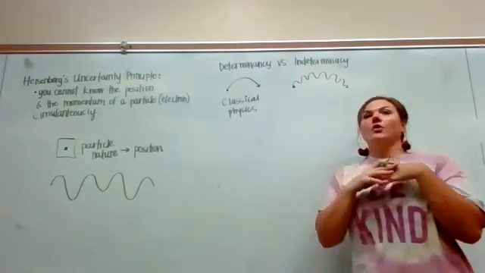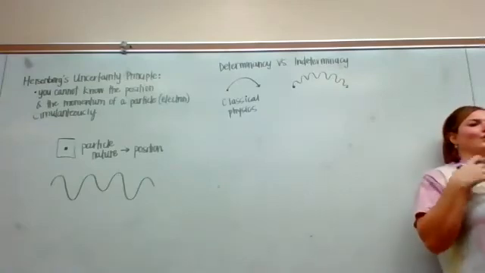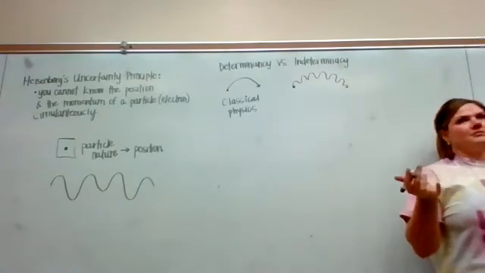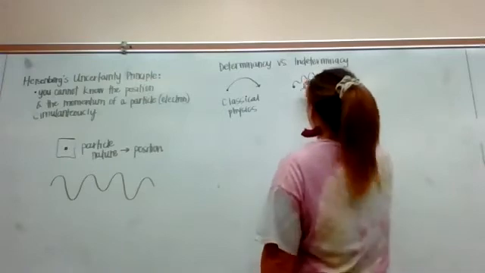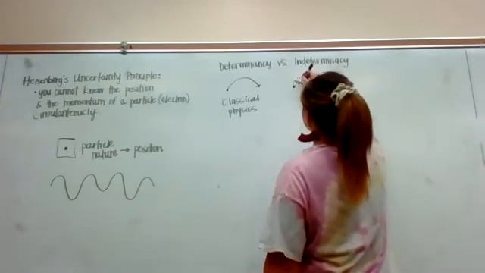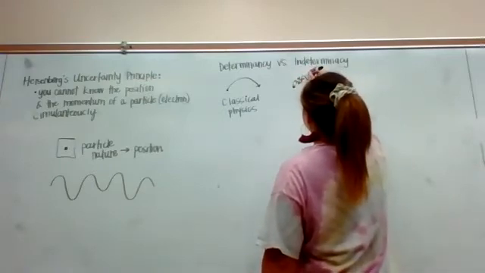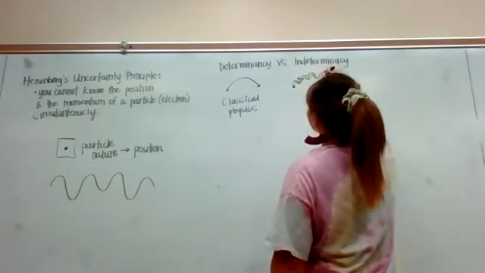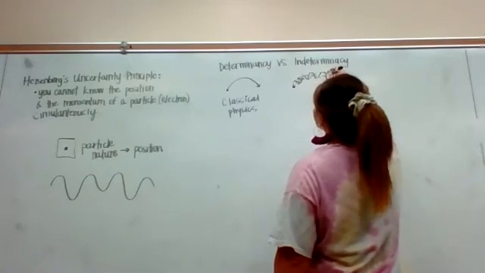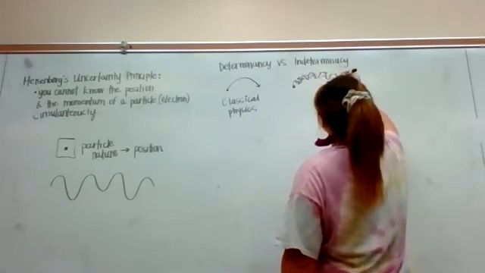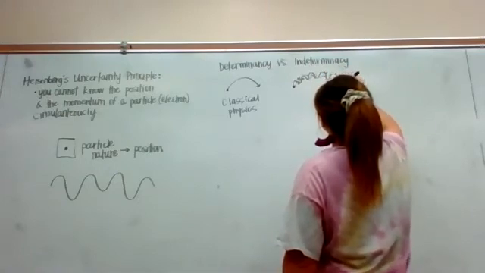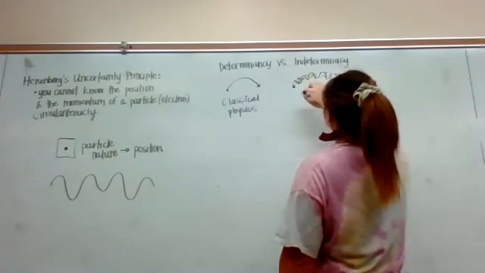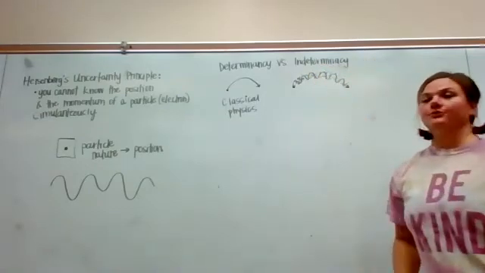We can only know a good region of where we might find them. Okay? So you'll see in your notes, dots represent the area that you could find that electron. Somewhere in this region. We don't know.